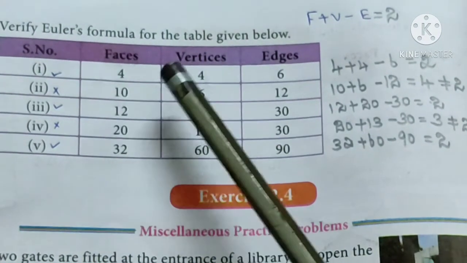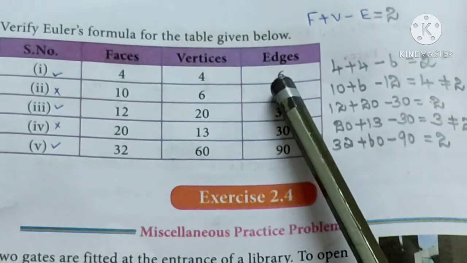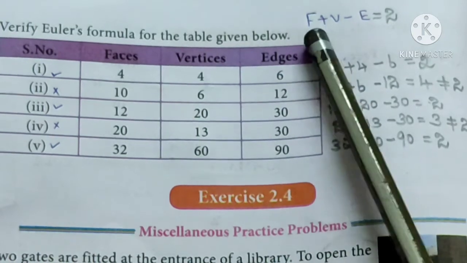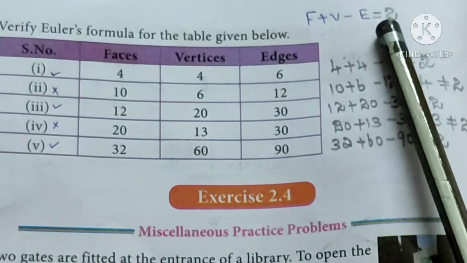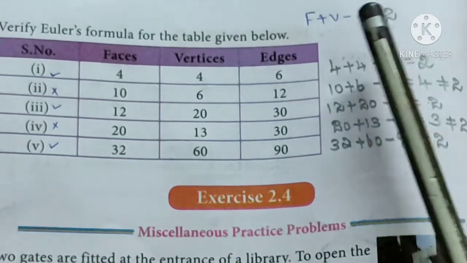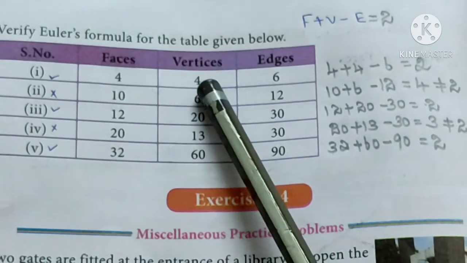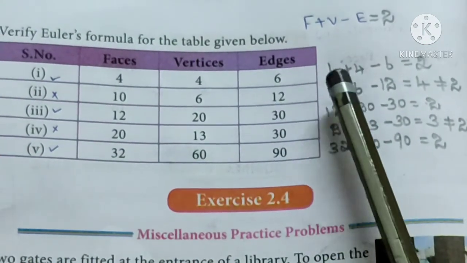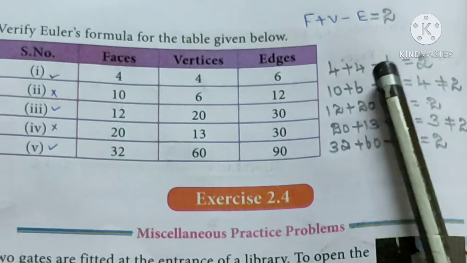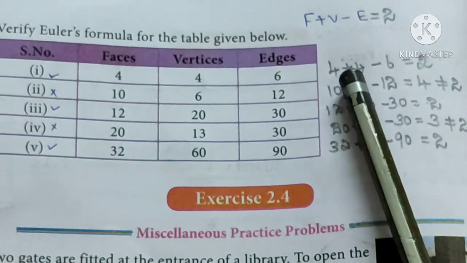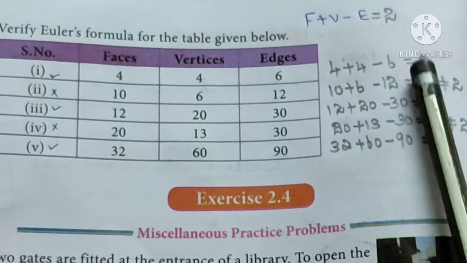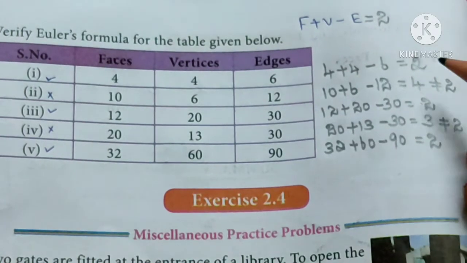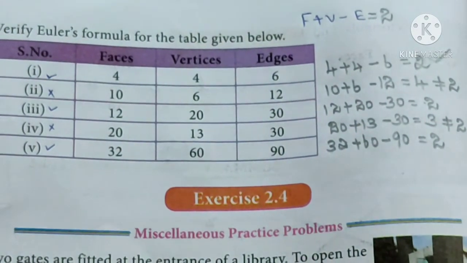Faces 4, vertices 4, edges 6. Euler's formula is F plus V minus E is equal to 2. So we add faces and vertices, subtract the edges. So 4 plus 4 minus 6. 4 plus 4 is 8. 8 minus 6 is 2. So here Euler's formula is verified.